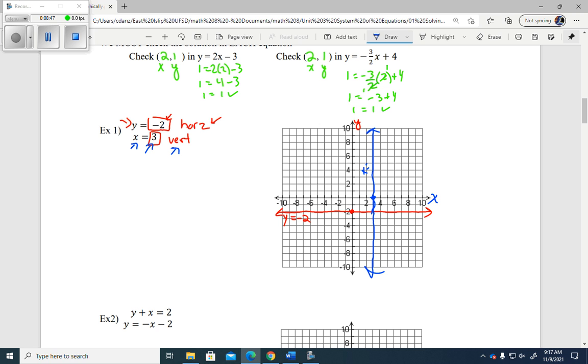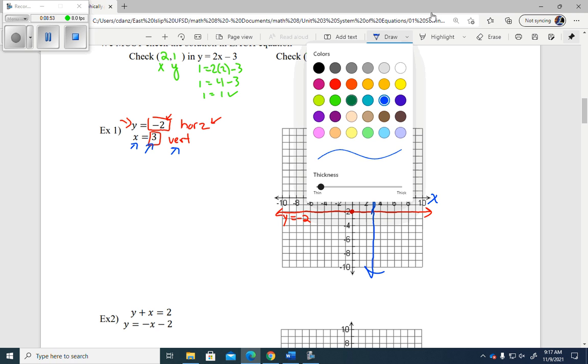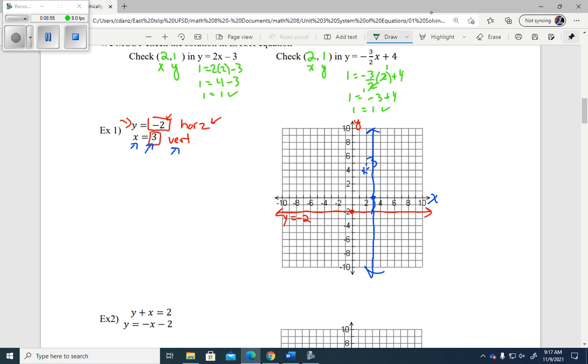Make sure you're labeling your lines. If I needed to state the point of intersection, which I do, I find where they cross and label it. It is the point 3, -2. This is called the solution. Label it, the solution. The solution is 3, -2.